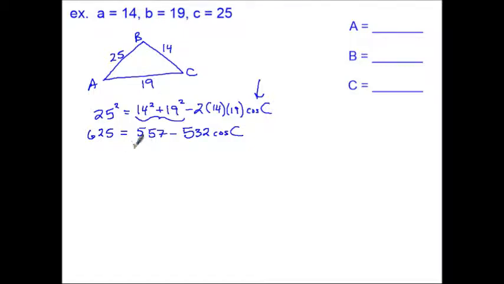What we can do is subtract the 557 from both sides, and that gives us something around 68 equals negative 532 cosine C.